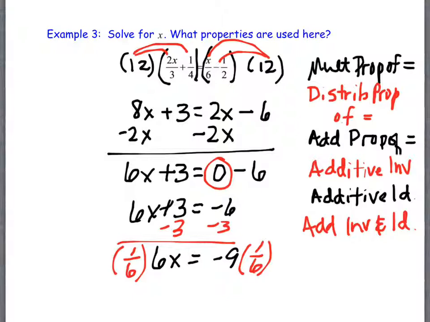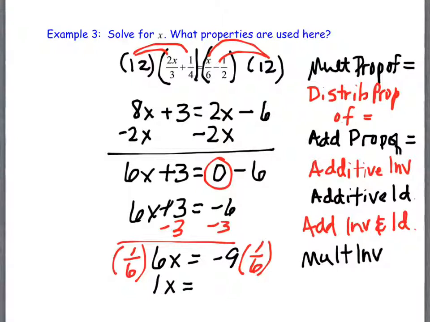Because why, Carrie? It's the reciprocal. And what identity tells us about the reciprocals? That is the multiplicative inverse. And we know then that the 1/6 times the 6 is actually going to give me the number 1, right?